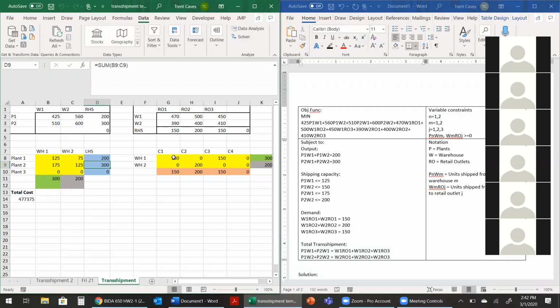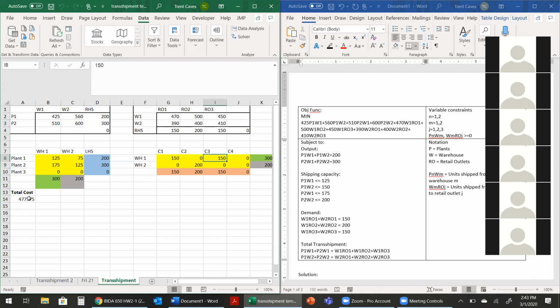We have warehouse 1 providing 150 units, all of the demand to retail outlet 1. 200 units come from warehouse 2 to retail outlet 2. And 150 units from warehouse 1 to retail outlet 3.